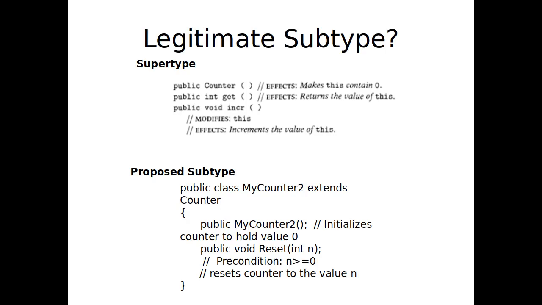Can counter by itself, if I were just operating off of the definition of counter, ever have a value less than 0? No. Something I could assess at any one time, calling get, is this less than 0? I could assess it in a very straightforward way.